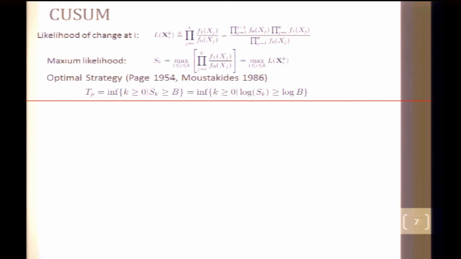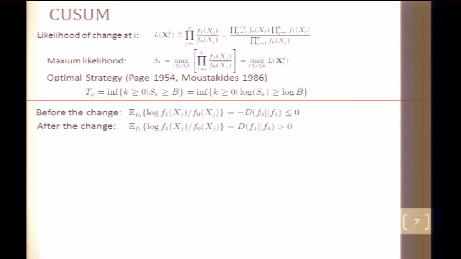Let's take a look at the likelihood before the change. Before the change, we know that all the samples come from f0, and if you take the average, it is minus the divergence between f0 and f1, which is less than 0. But after the change, the samples come from f1, and if we take the average, it is the divergence D(f1, f0), which is larger than 0.